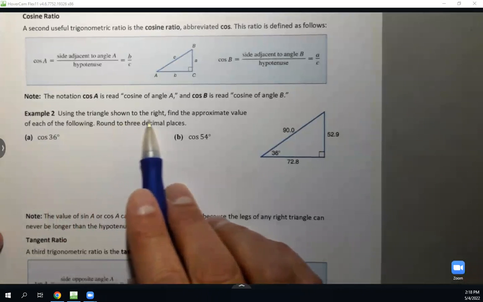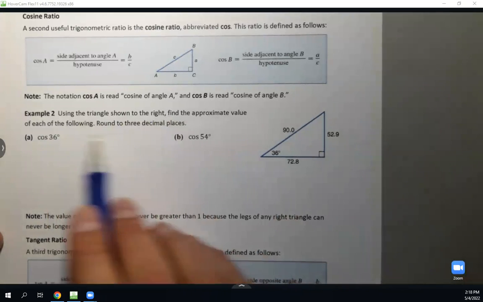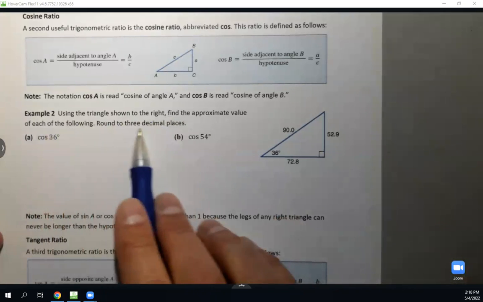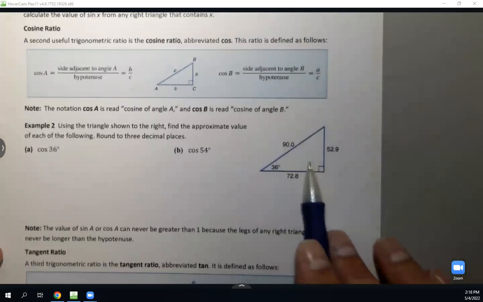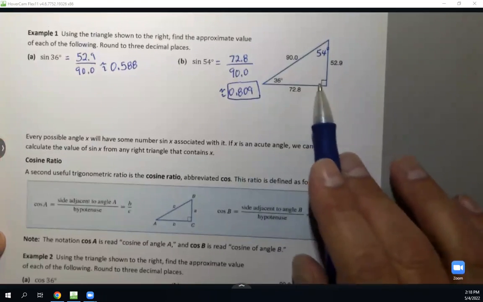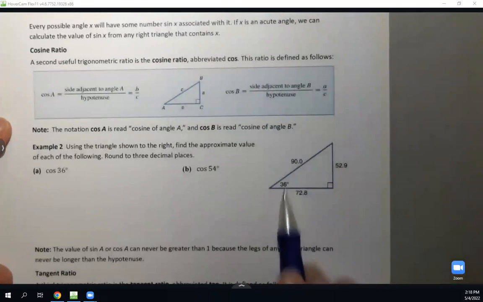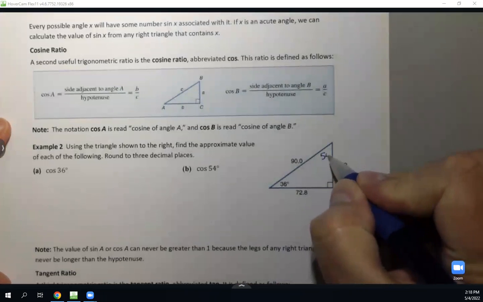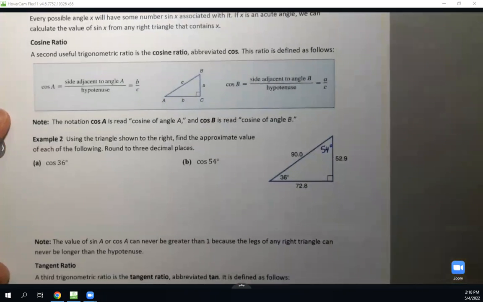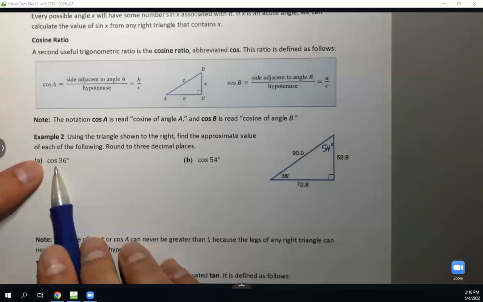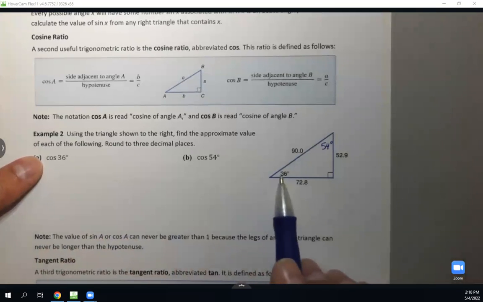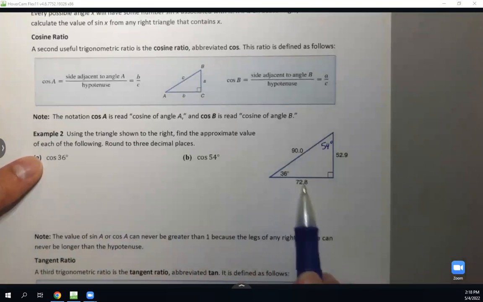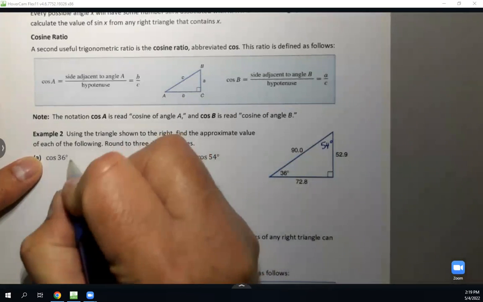So using the triangle shown to the right, find the approximate value of each of the following, rounding to 3 decimal places. I have the same right triangle here that we had before. So this is 36 degrees. This is 54 degrees. So if I want to find the cosine of 36 degrees, that's going to be the side adjacent to 36 degrees, which is 72.8, over the hypotenuse, which is 90.0.